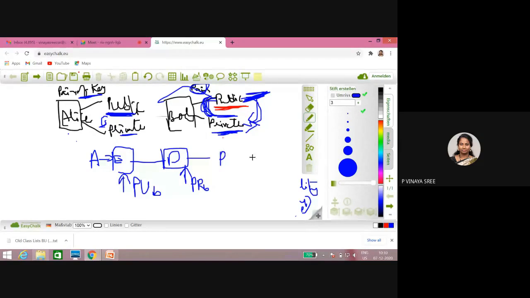But is there any authentication in this? How can Bob know that this message is from Alice, and not from anyone else? No way, right? So this only provides confidentiality.